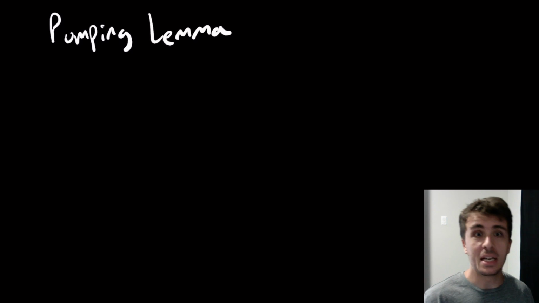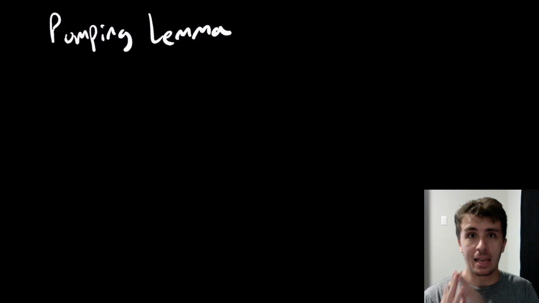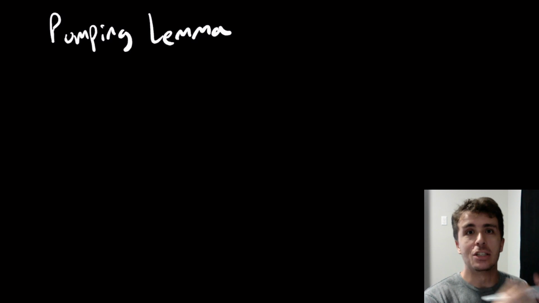So today we're going to have a relatively long video, and we're going to show a lot of languages are not regular. We've been talking about the pumping lemma, and what it said was that if a language is regular, then it has certain properties.